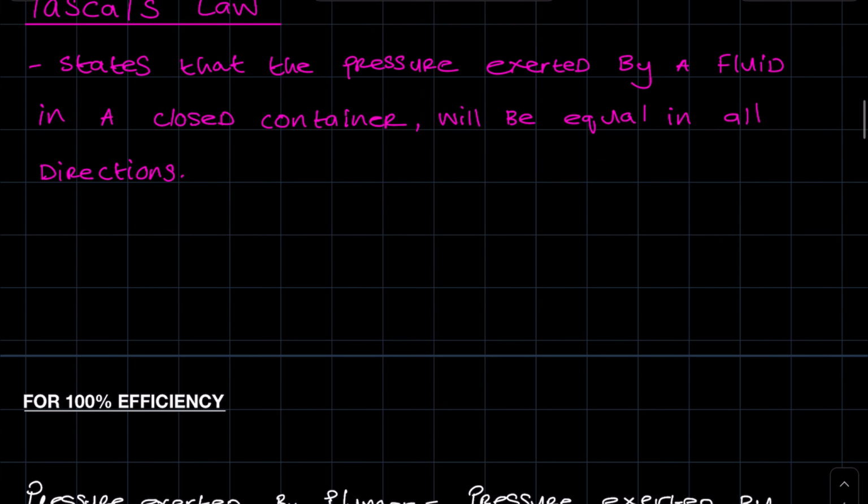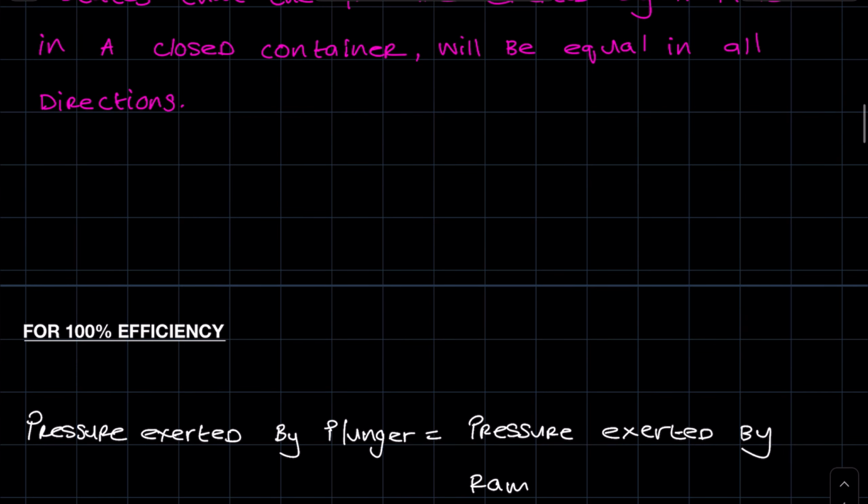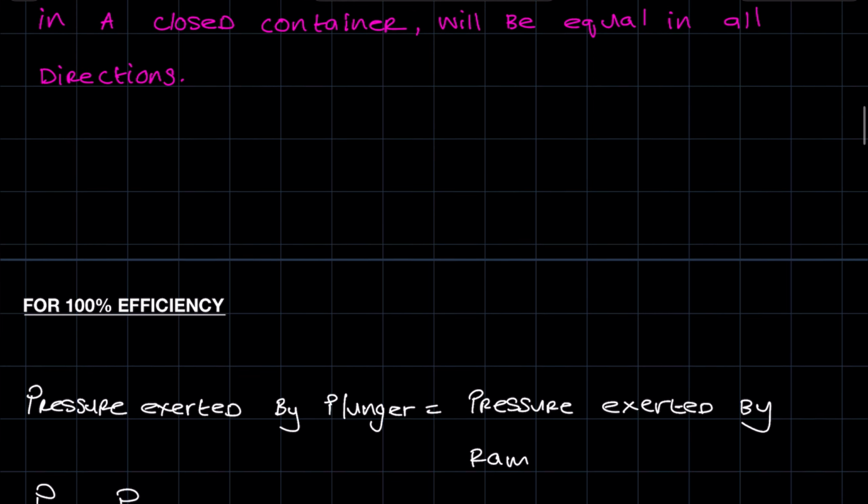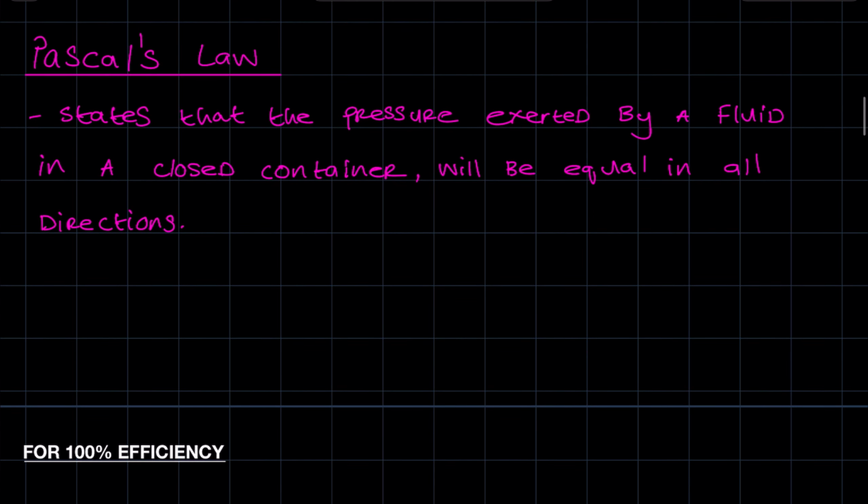Now let us look at the different formulas that we use under hydraulic presses, or just under hydraulics in general, for engineering science. We have already established that the hydraulic press works under Pascal's law, which states that if you have a fluid in a closed container, the pressure within the fluid will be equal in all directions.